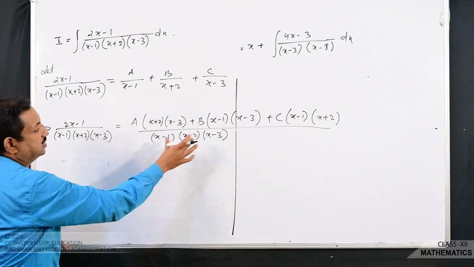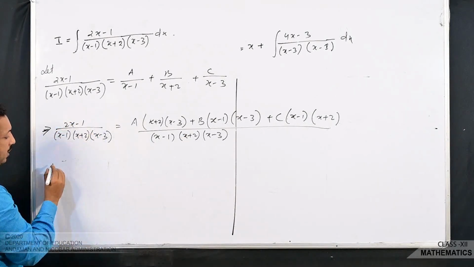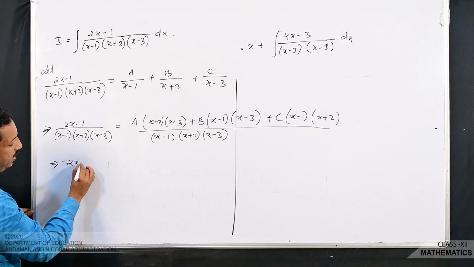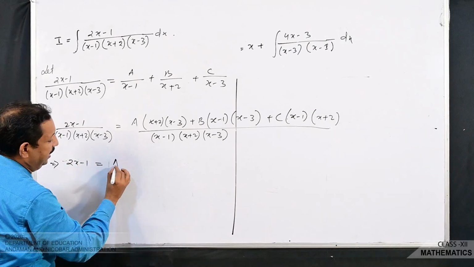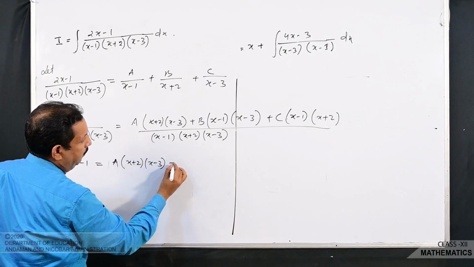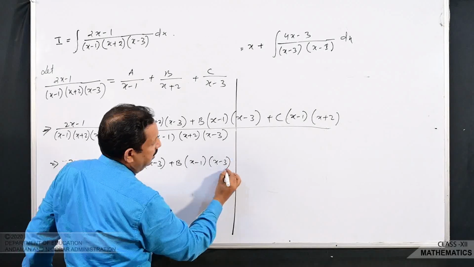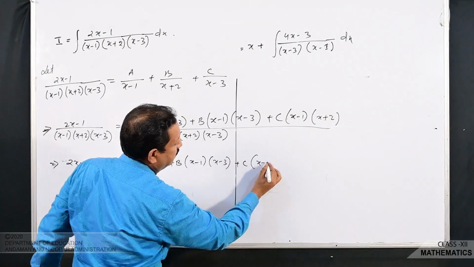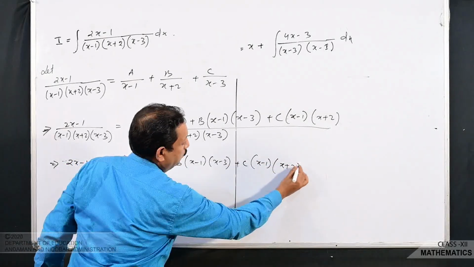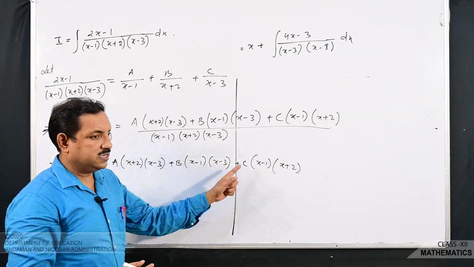Now see, these terms can be cancelled out. That means 2x minus 1 can be written as A times (x plus 2)(x minus 3) plus B times (x minus 1)(x minus 3) plus C times (x minus 1)(x plus 2). So our target is to find the values of A, B and C.